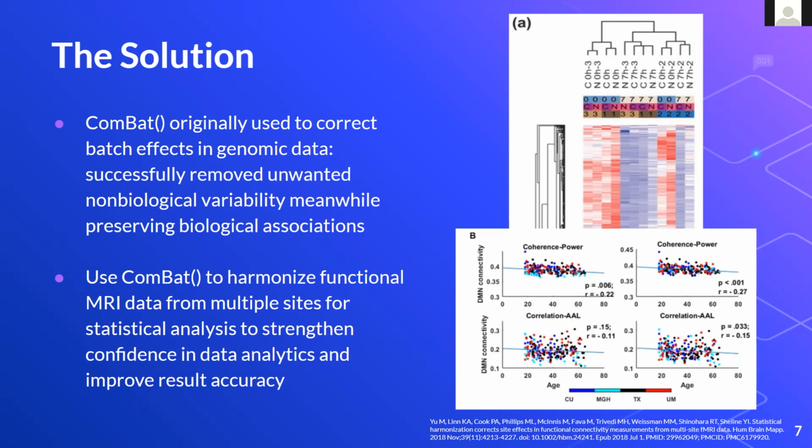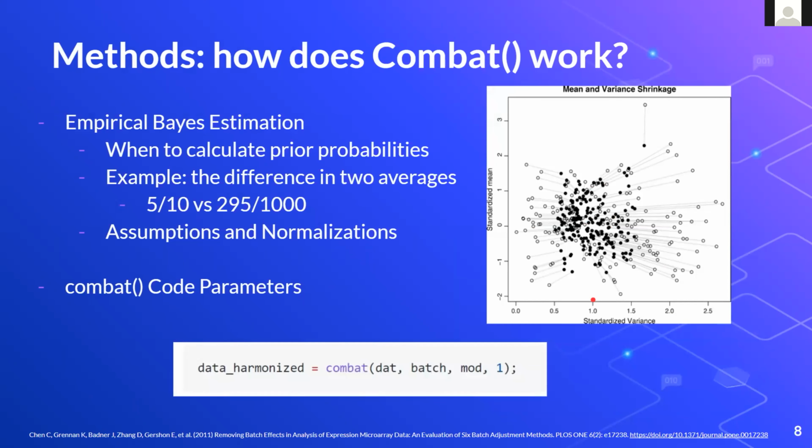As we can see here in the pre-ComBat data, we have a p-value of 0.06. After we apply ComBat, the p-value is down to less than 0.01. And in terms of the correlation, we see the correlation coefficient gets stronger, whether we're using one form of metric to measure association or another. Next slide, please. So how does ComBat work?